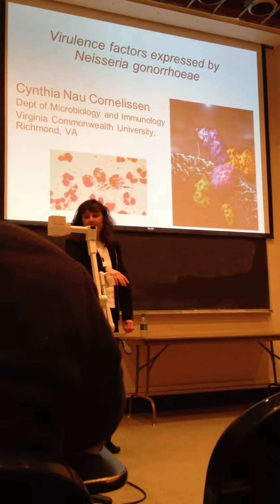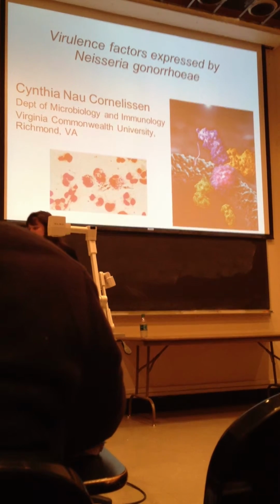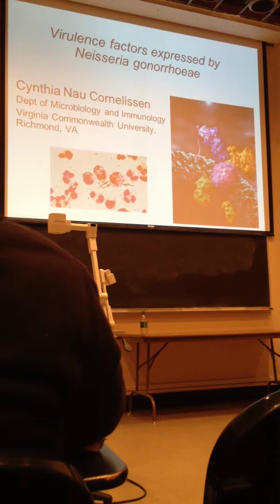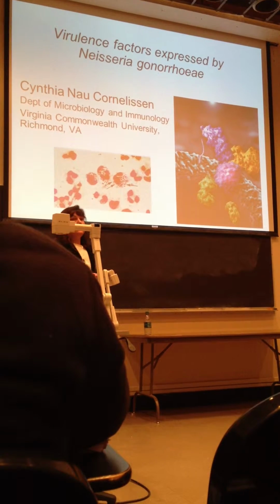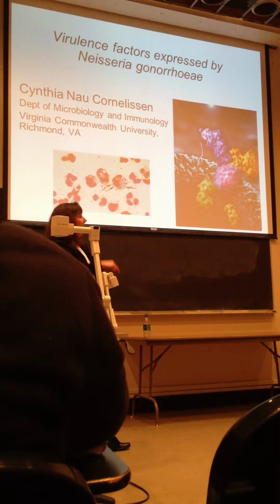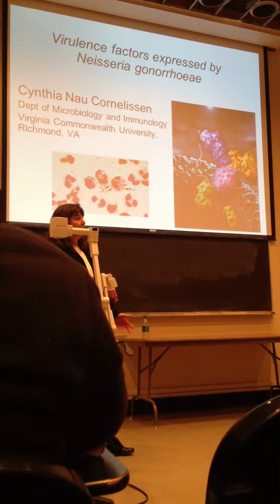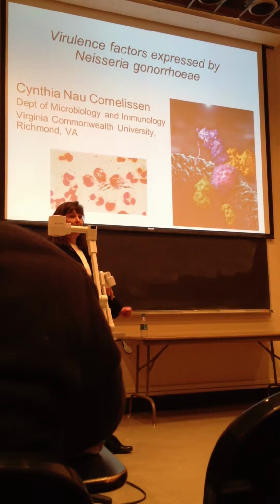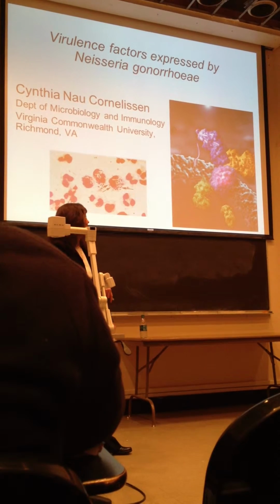What I've shown you on the first slide is a couple of important characteristics of Neisseria gonorrhea. This slide here is typical of the clinical presentation of gonorrhea, particularly in a symptomatic urethritis caused in males.